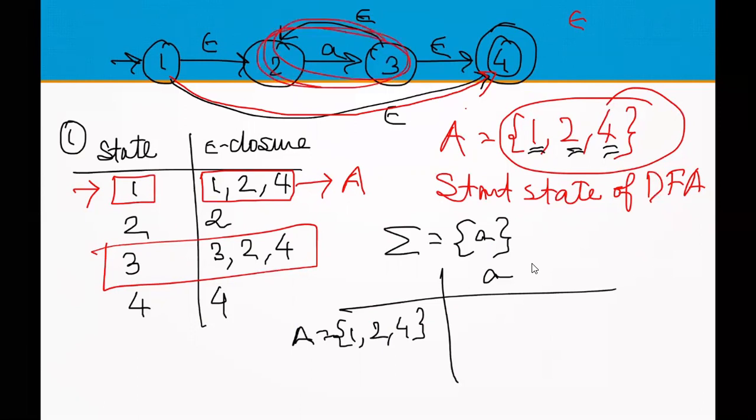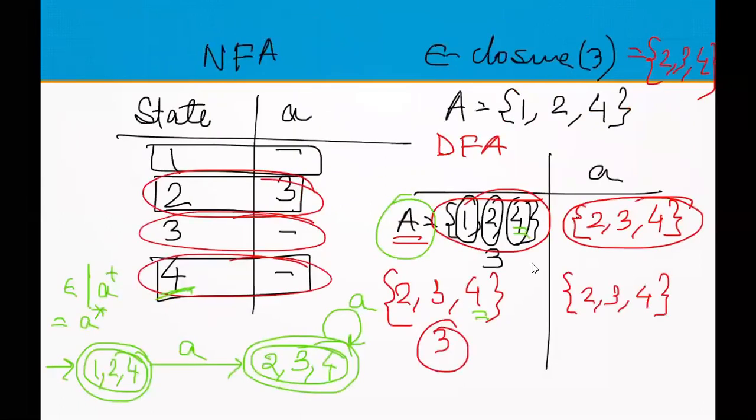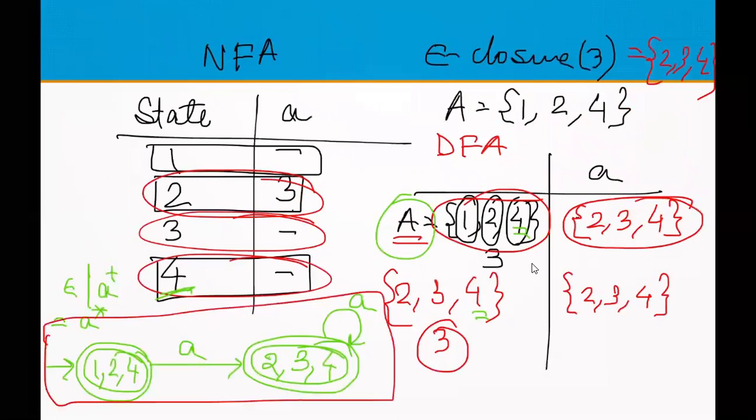So any number of A's, so 1 or more A's. So that is our A star. So the NFA that we have here is equivalent to the DFA that we have got out here. So this is the conversion process. In the next video, we will take another example and we will see the conversion again.